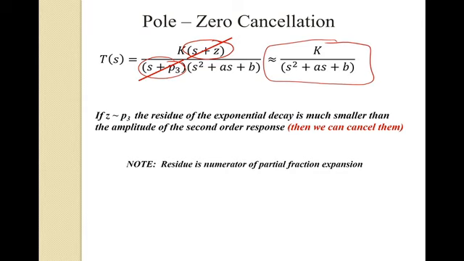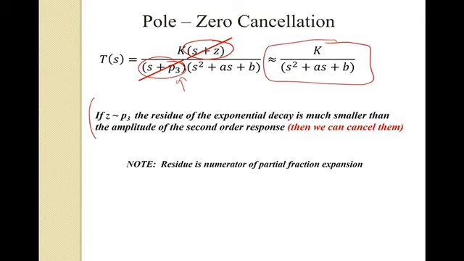So there are some rules here. Now, obviously, as we model a system, how good is your model? How good do we know the location of one of these poles that we're trying to cancel? And so there's some guidance down here. If the 0 and, in this case, pole 3 are approximately equal, and we'll show you some worked examples where we'll say what is good enough, what is approximately good enough to make this happen.